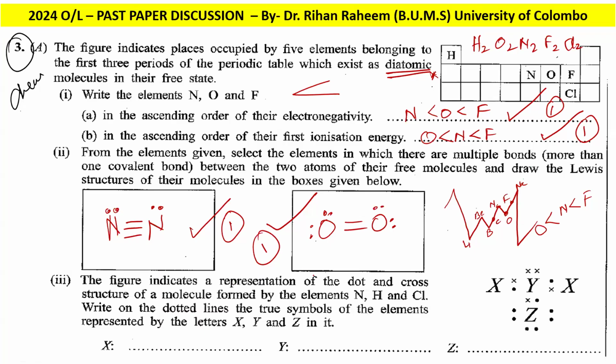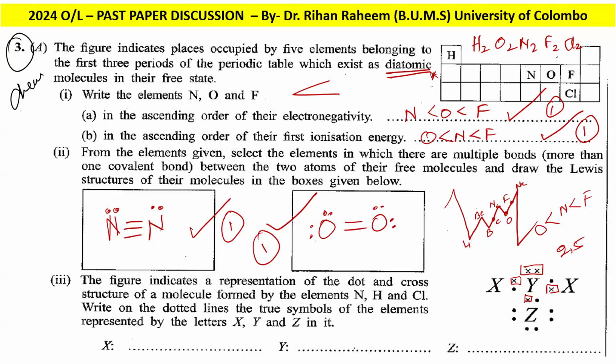The figure indicates a representation of the dot and cross structure of a molecule formed by the elements nitrogen, hydrogen, and chlorine. Write on the dotted lines the true symbol of the element represented by these letters. So obviously the center one, let's say he's having dots 1, 2, and crosses 3, 4, 5. So which element is having last energy level 5? 2, 5, no? Who is 2, 5?